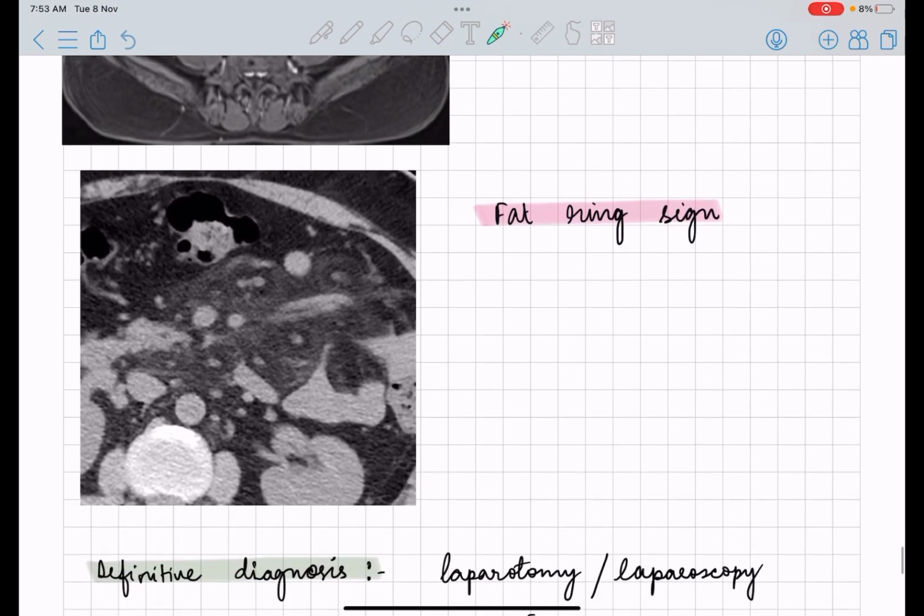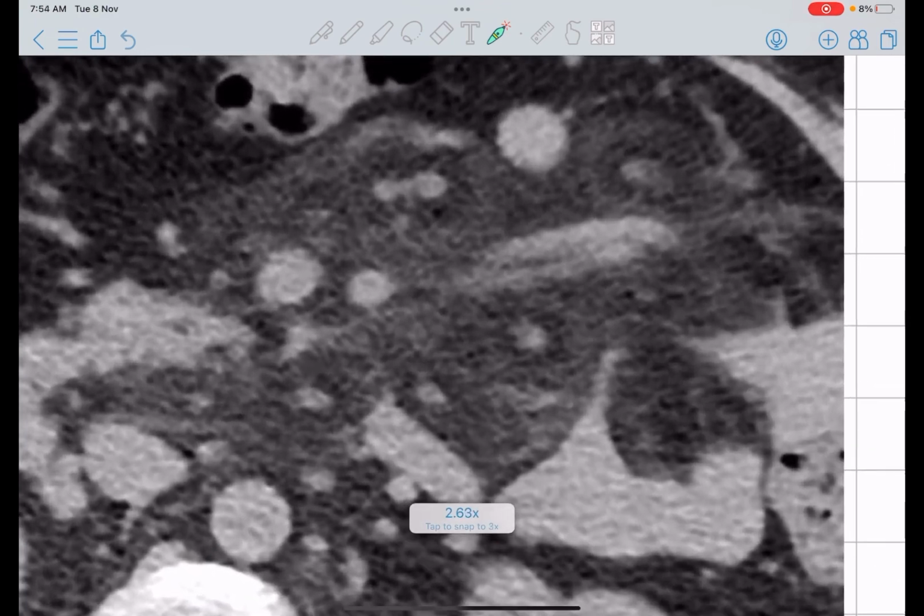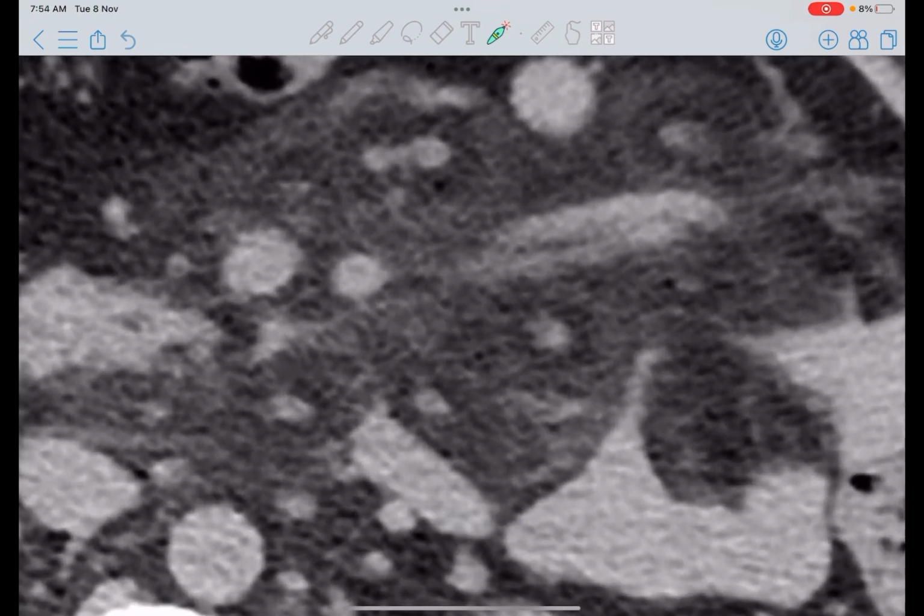The next sign is called the fat ring sign. We need to notice carefully that these are the areas of blood vessels, and surrounding that there is this dark area, and surrounding the dark area there is again the sclerosed area.